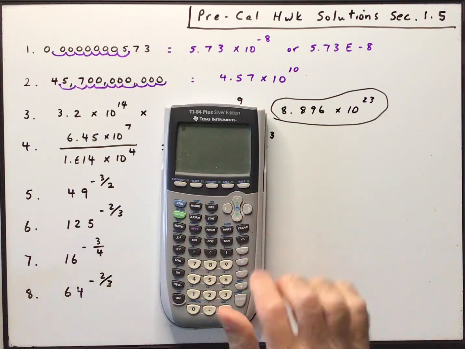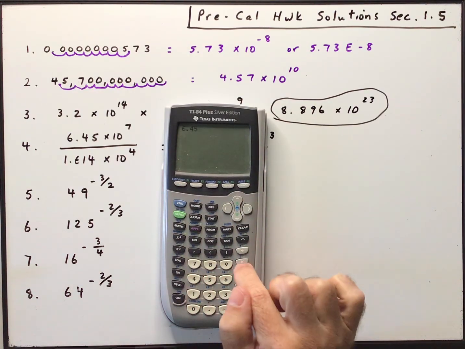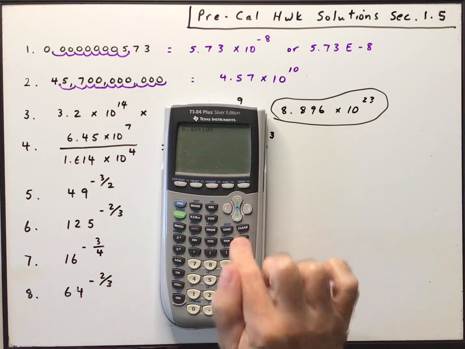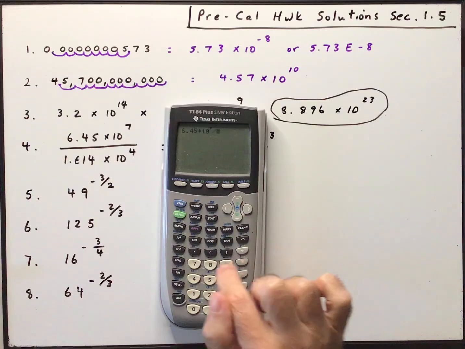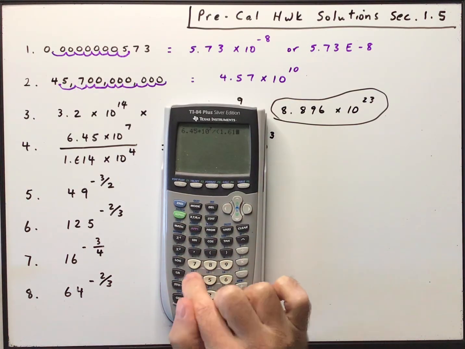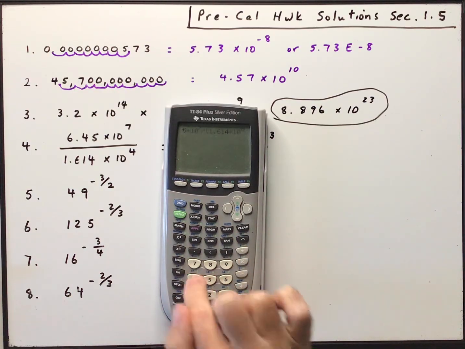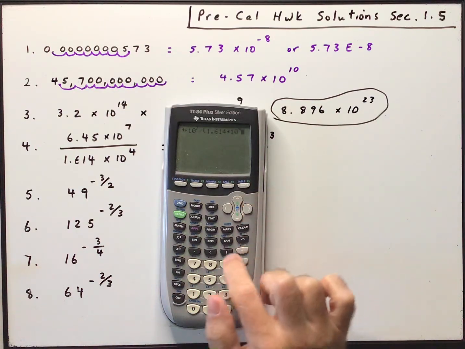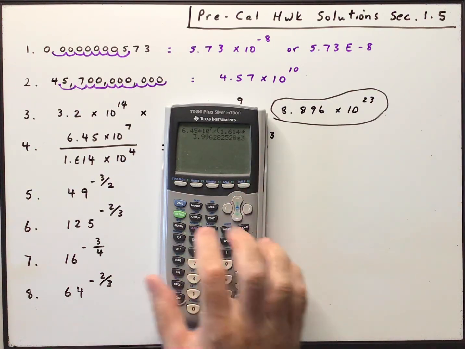So let's clear that out and try number 4 again. Let's say we have 6.45 times 10 raised to the 7th. Okay, and then we'll right arrow that, divided by, now left parenthesis, 1.614 times 10, and raise that to the 4th power, and then right arrow off of that, right parenthesis, and I do get the E to the 3 number.